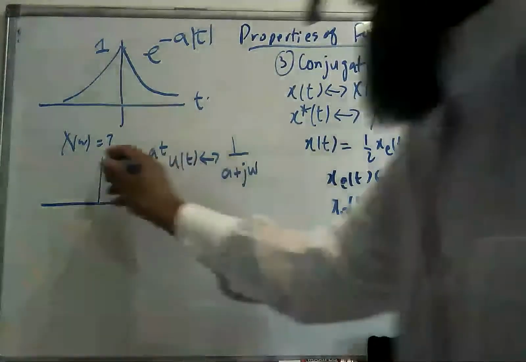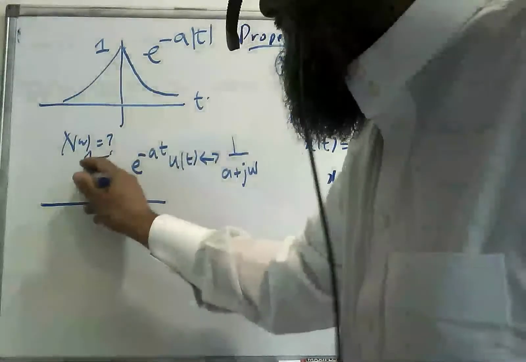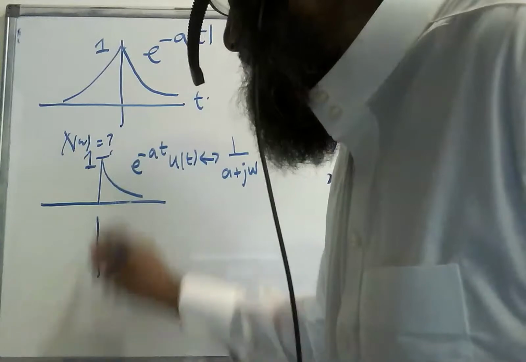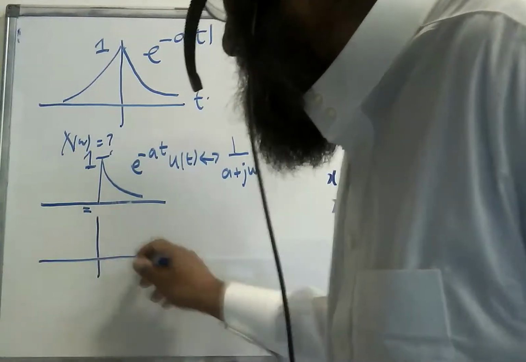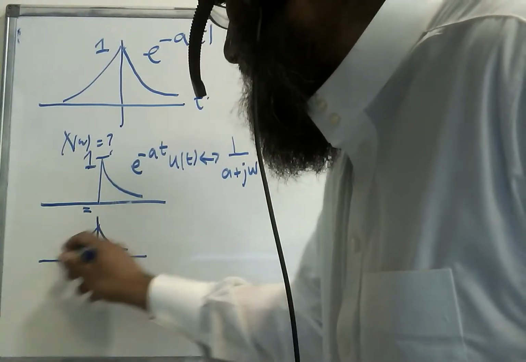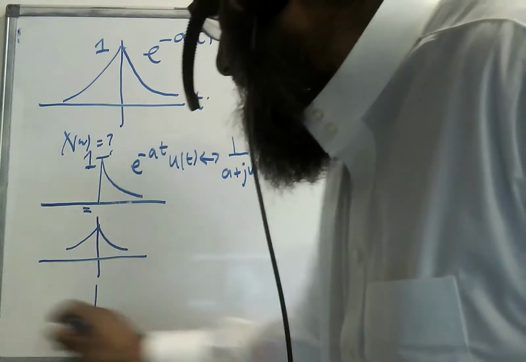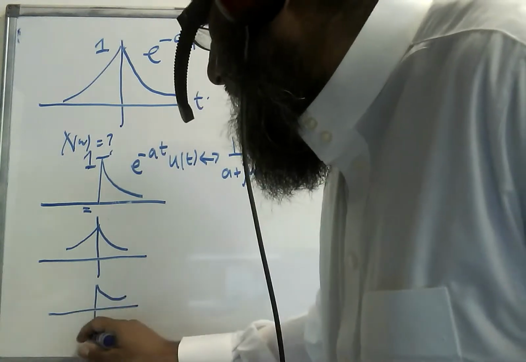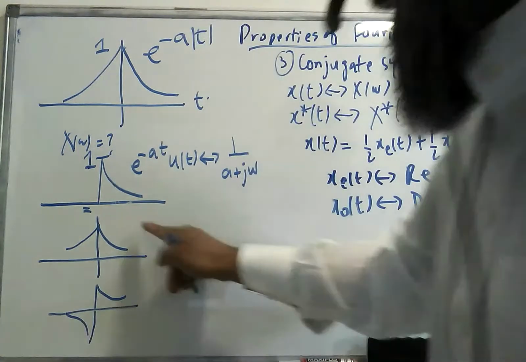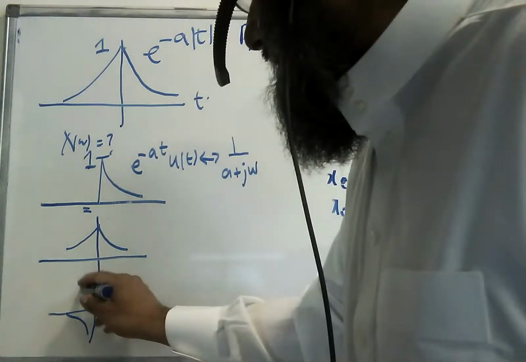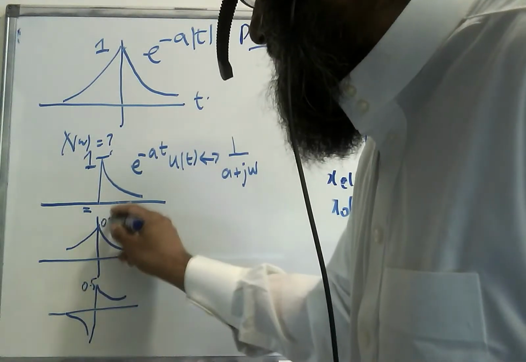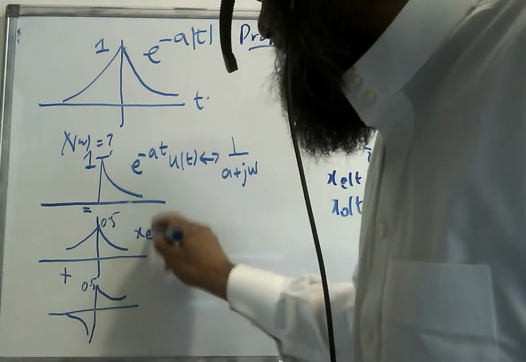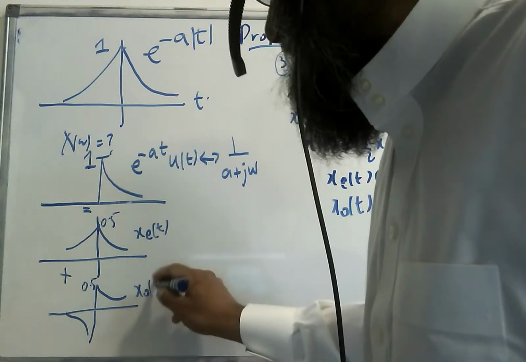But as you can see, this function is equal to an even function plus an odd function, which are this and this. If we combine these two with an amplitude of 0.5, so if I add these two functions, this is an even function and this is an odd function.